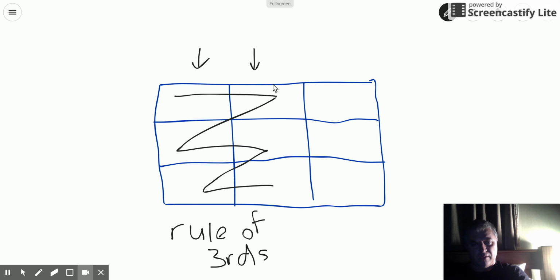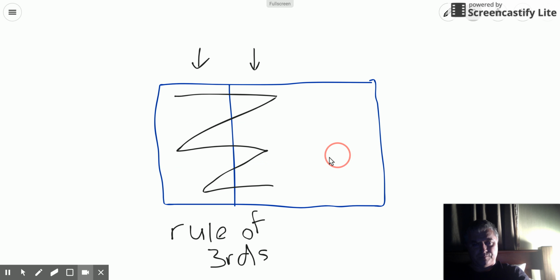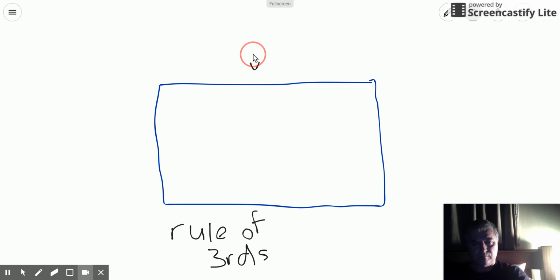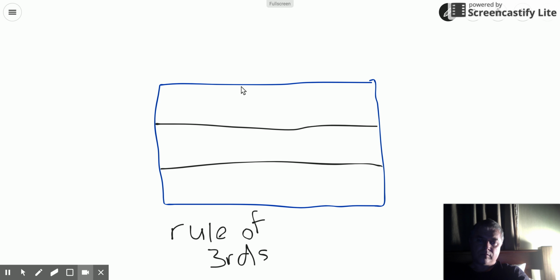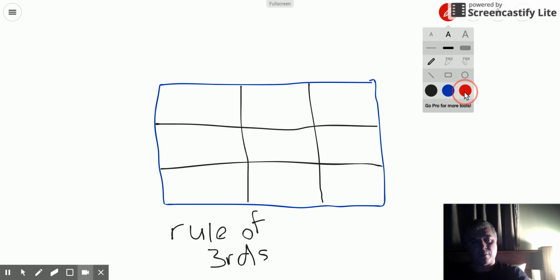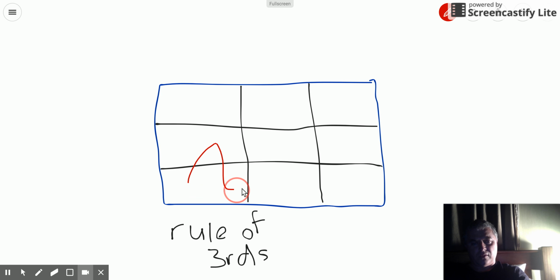Now, it doesn't have to be that way at all. You could decide instead to draw your picture with two of the rows, like land or water, or the ground and the sky there.